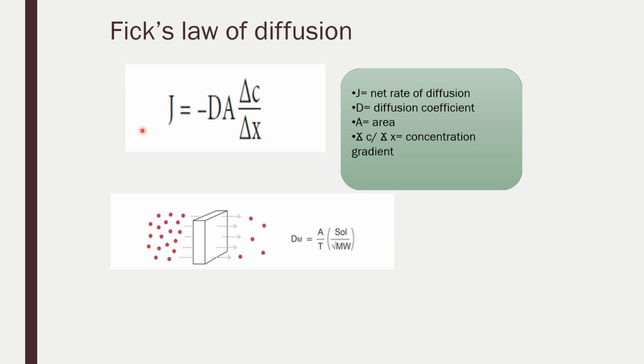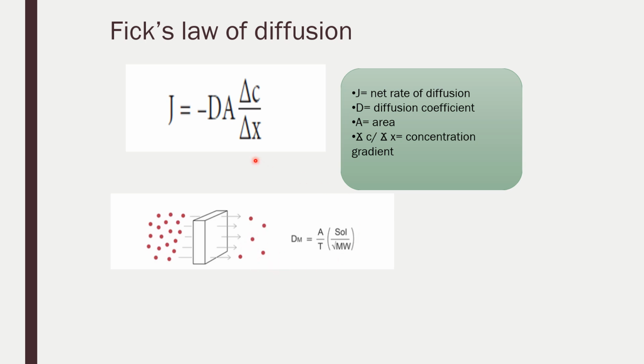Now this is Fick's law of diffusion, where J is equal to minus D A into delta C by delta X, where J is the rate of diffusion, D is the diffusion coefficient, A is the area, and delta C by delta X is the concentration gradient. And this D, or diffusion coefficient, depends upon the particle's solubility divided by the square root of the molecular weight.